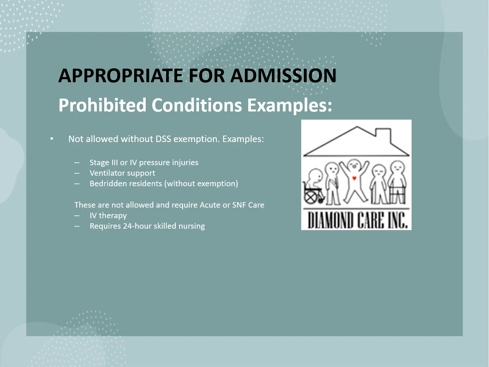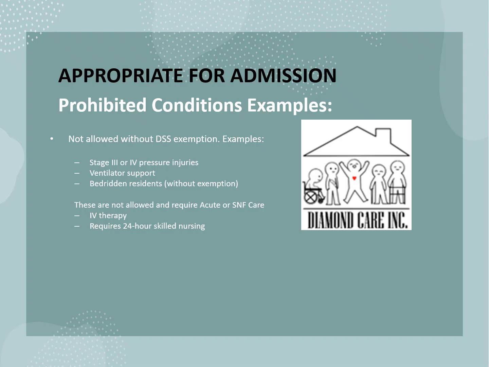Prohibited conditions are not allowed without DSS exceptions. Stage 3 and stage 4 wounds are never allowed into Diamond Care without a DSS approval and a hospice agency in place.